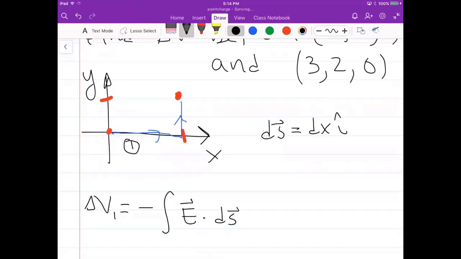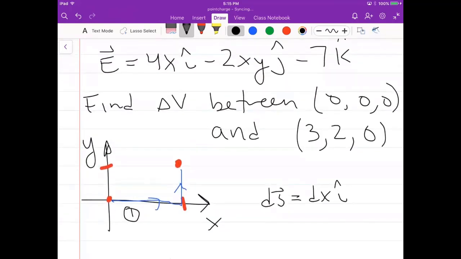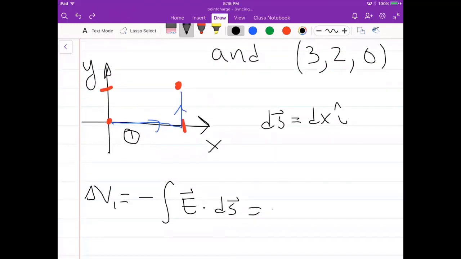But on this first path, since the ds vector is along the x direction, that's just going to pick off the x component, 4x. So this is going to be negative the integral of 4x dx, from 0 up to 3.